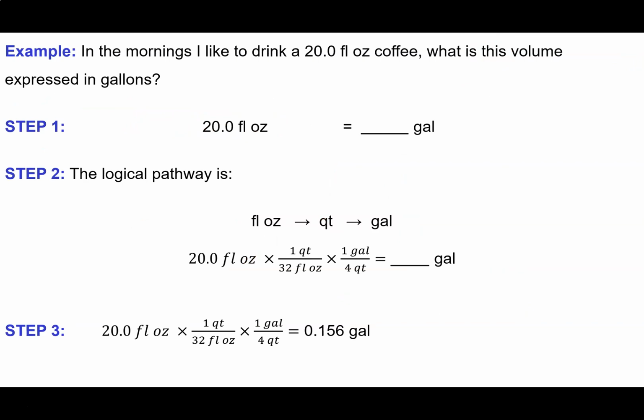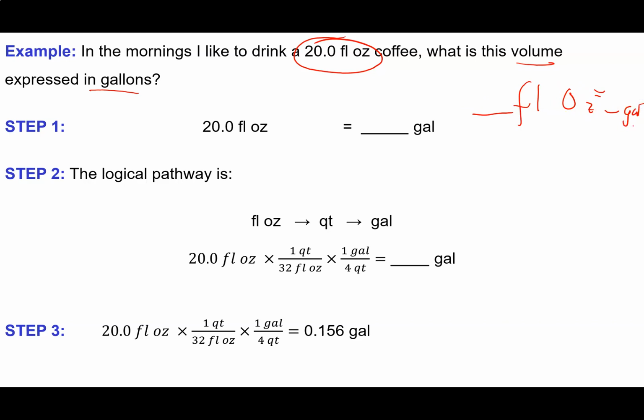Here's one where we're doing some conversions within the traditional system of units. So it says, in the mornings, I like to drink a 20 fluid ounce coffee. That's a big one, right? What is this volume expressed in gallons? I'm going to need to know how fluid ounces is related to gallons.